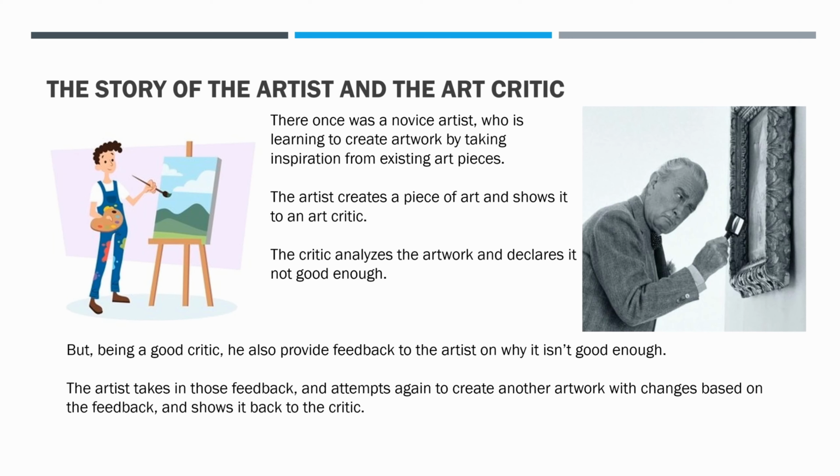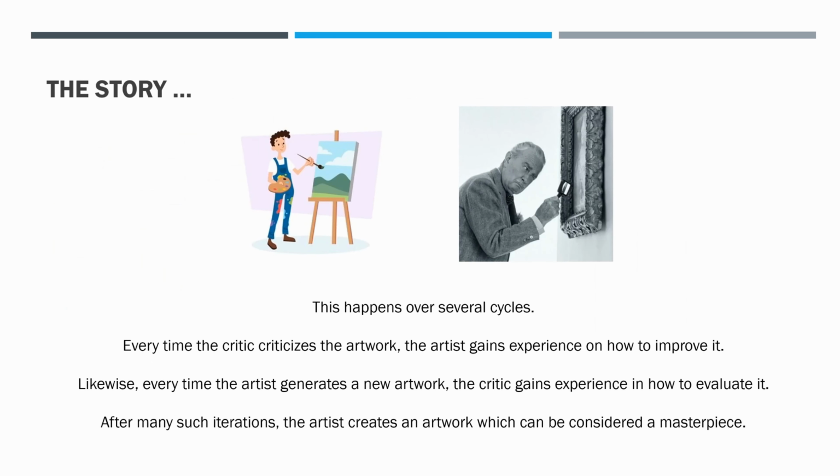The artist takes in all that feedback, tries to improve his work, and creates another artwork with changes based on the feedback and shows it back to the art critic. Now, again, this second attempt is also deemed not good enough. And again, the critic provides feedback to the artist, and the artist starts working again.